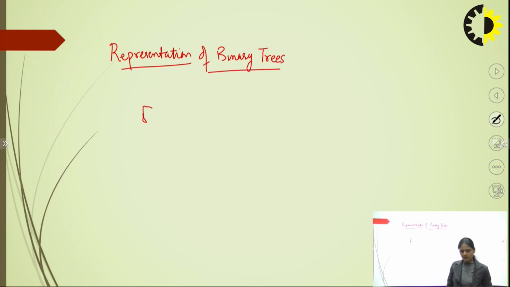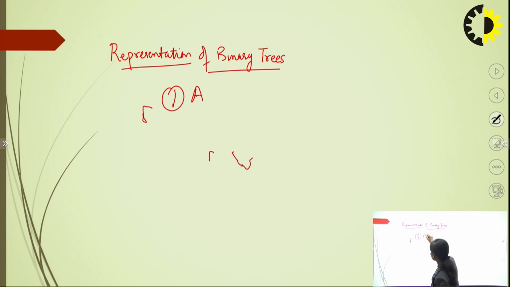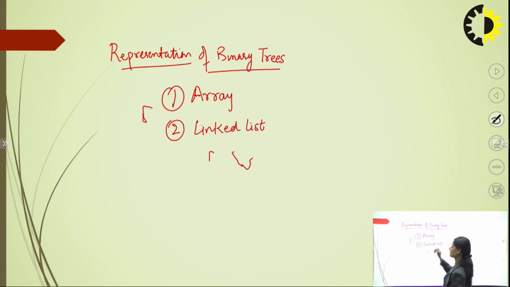In case of memory representation, we represent binary trees in 2 ways. The first is array representation and the second is linked list. These 2 ways are there to represent the binary tree.